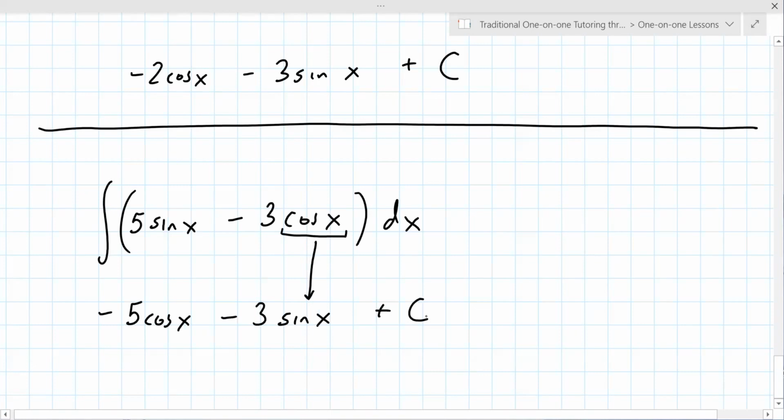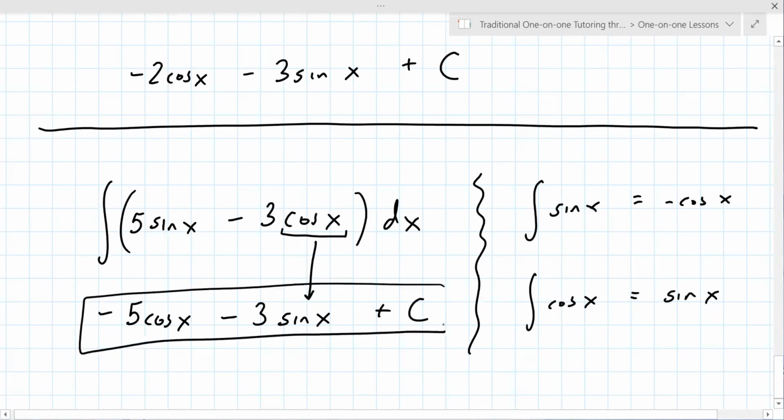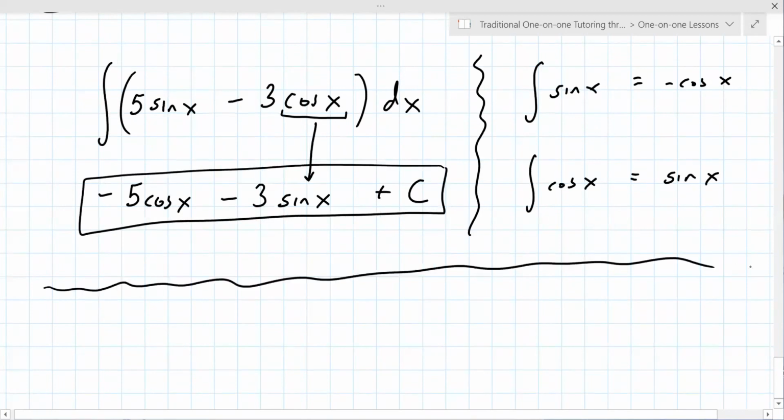No, the integral of sine x, like you said, is minus cosine x. The integral of cosine x equals sine x. Okay, so this is correct here.